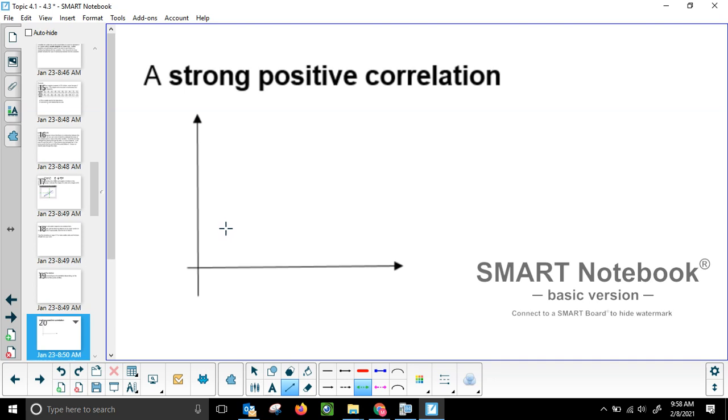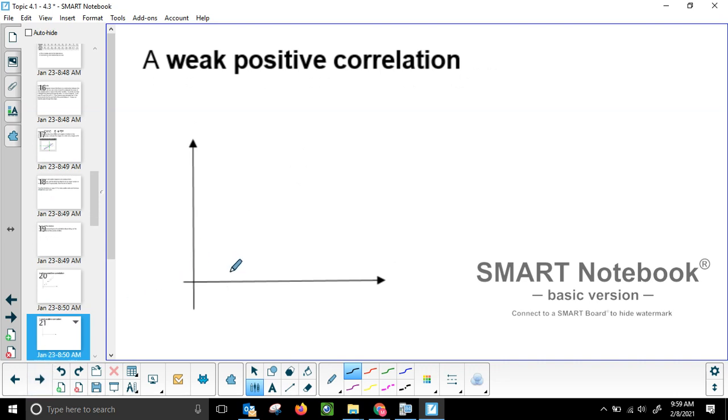A strong positive correlation would be, if we just have a bunch of dots and it's very obvious that as my x variable increases, so does my y value, and the dots are nice and compact and close to each other, that's what we consider a strong positive correlation.